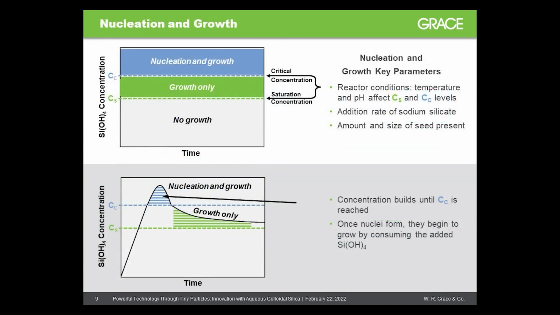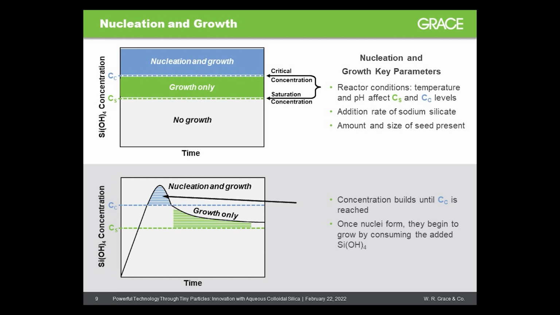Interestingly, the particle nucleation and growth can be modeled using classical nucleation theory. In this context, a key parameter is the solubility of silicic acid, and we can define 3 regions. At very high concentration, that is, for supersaturated solutions above the critical concentration for nucleation, nuclei can form and grow.